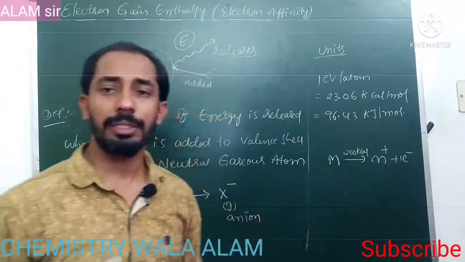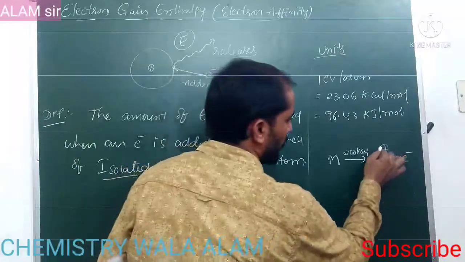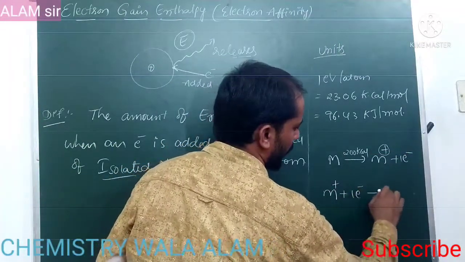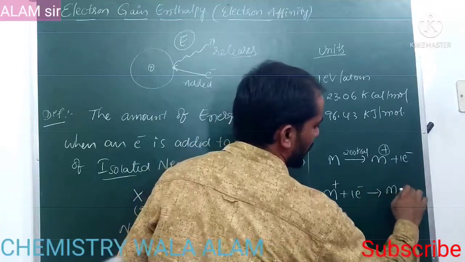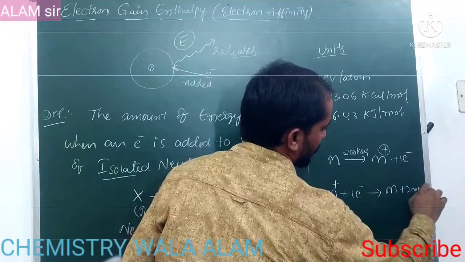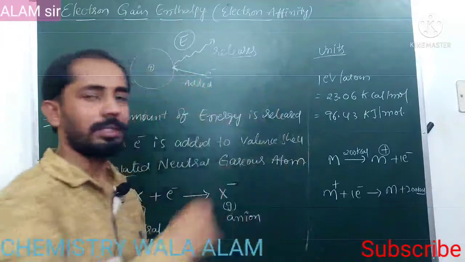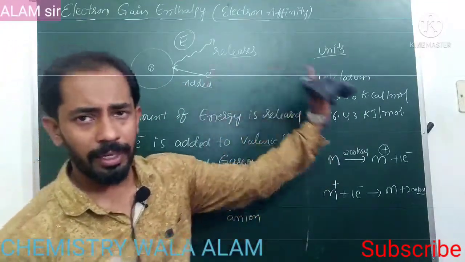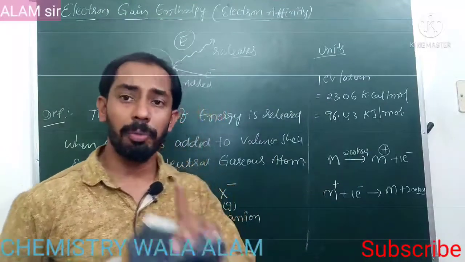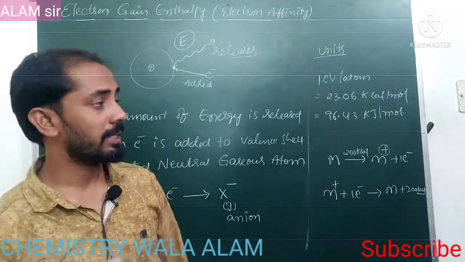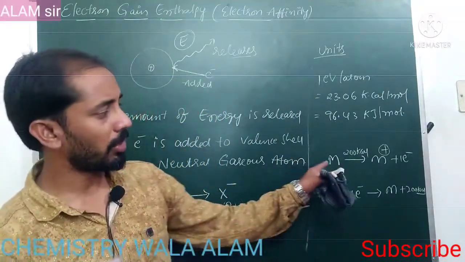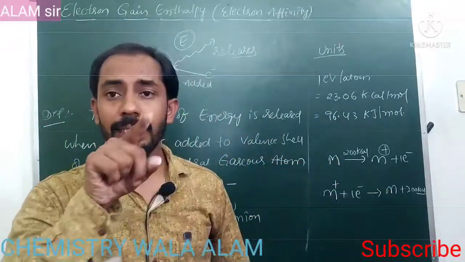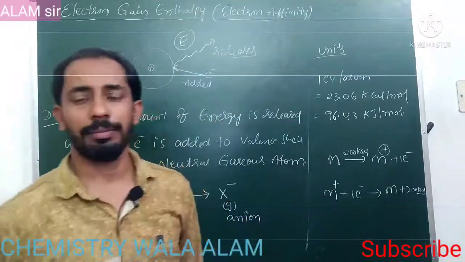So when an electron is added to this metal ion, the same amount of energy can be released. That means electron affinity and ionization energy are numerically the same value. How much energy is required to remove the electron, the same amount of energy is released when the electron is added.